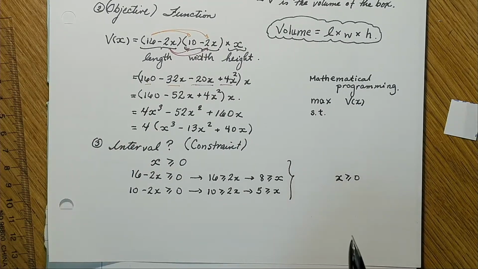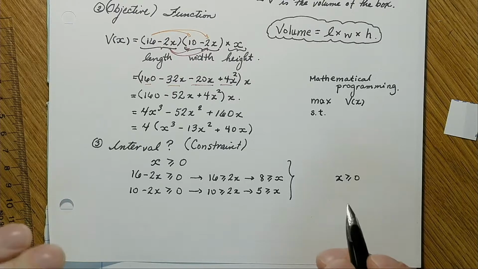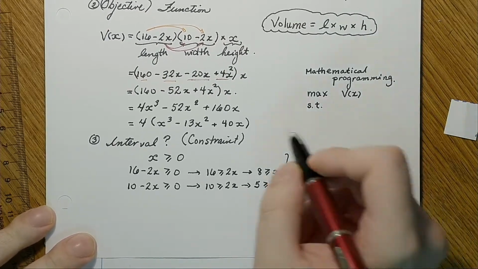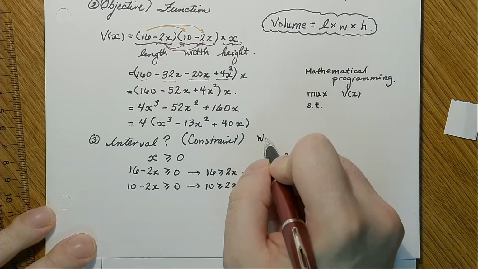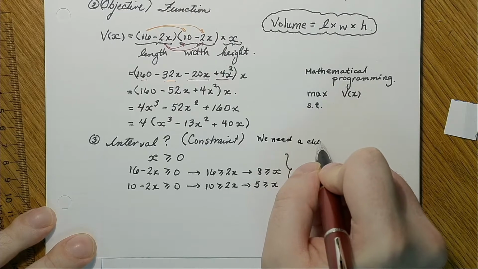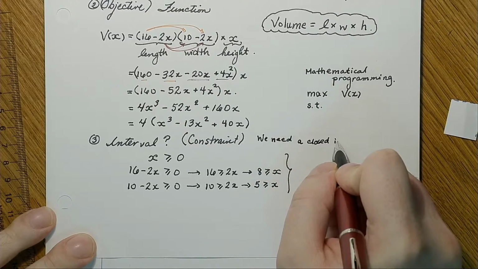But for this case, we're going to include it. The reason for that is because we're used to working on a closed interval, right? We need that closed interval to use the closed interval theorem that we had from our previous lecture. So yes, we need a closed interval.